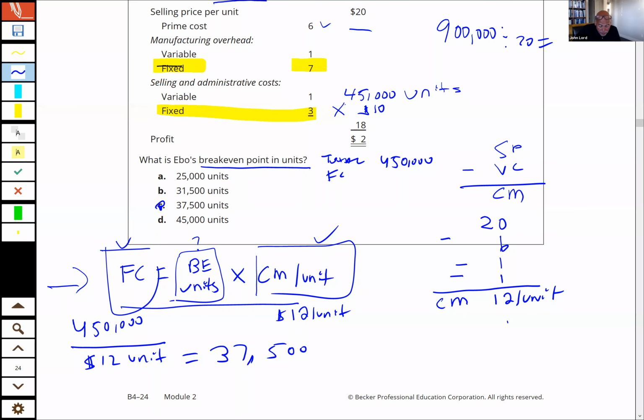They could have given me the break even in units and asked me to figure out the fixed cost, and I could have done that by remembering the relationship. They would have told me break even is 37.5, and contribution margin per unit, maybe they make me calculate that, maybe they tell me it's 12. I can figure out the fixed cost that way as well.